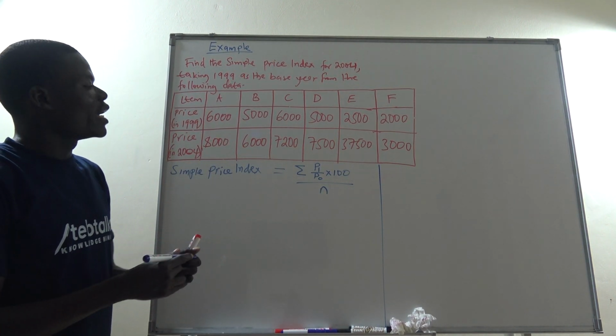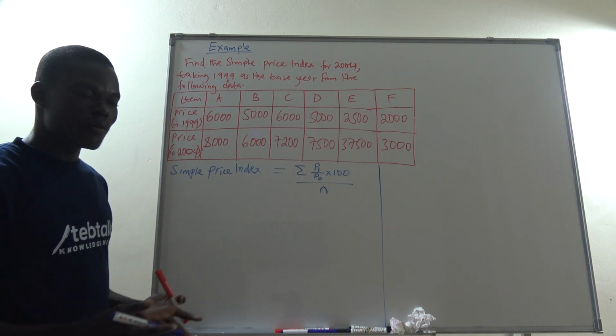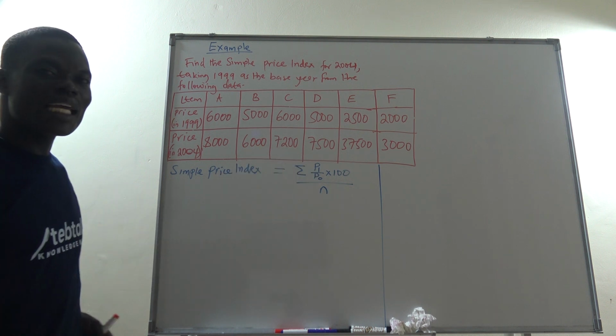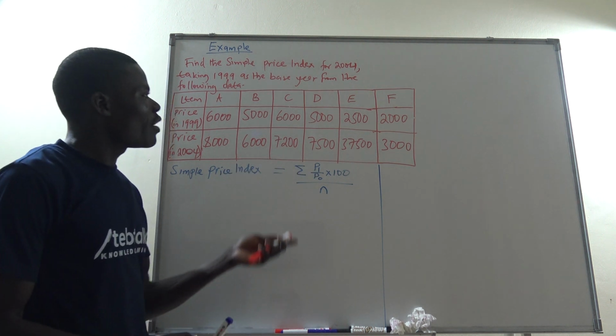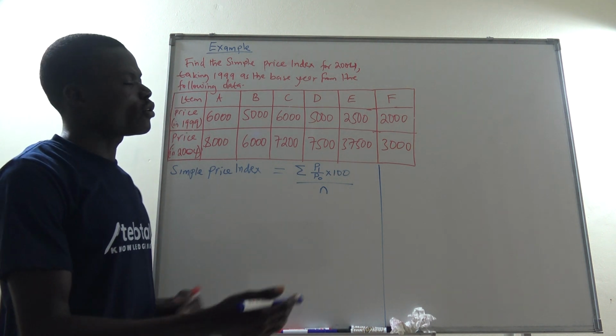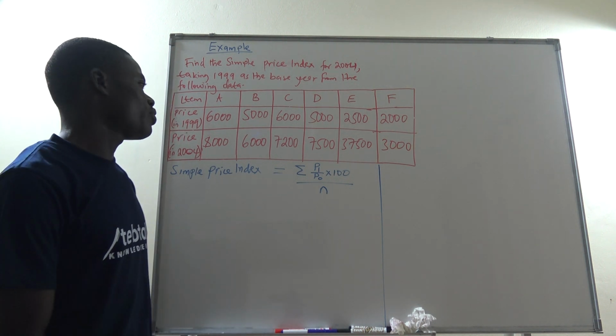Otherwise, it's given by the summation of price relatives or price index divided by N. If you have the price index, it's well and good. You just put them and then you divide by the total number of price indexes which you have put there.